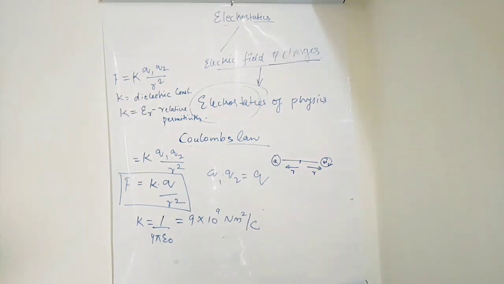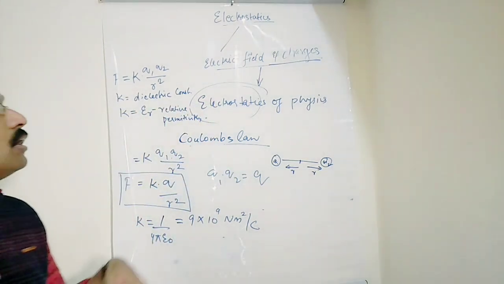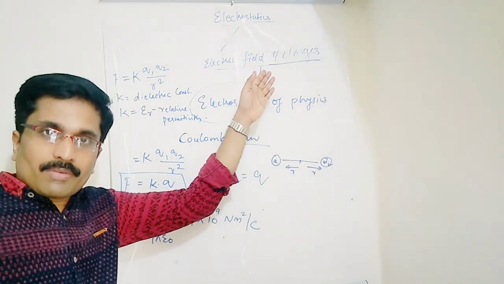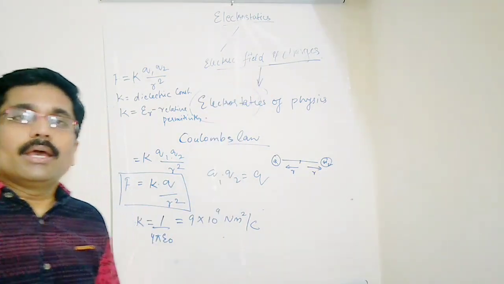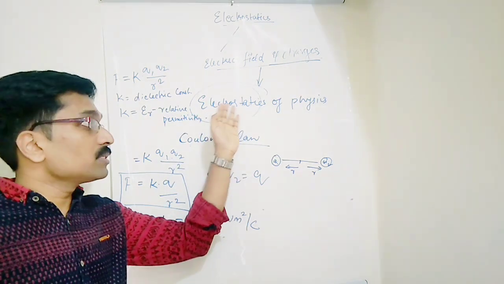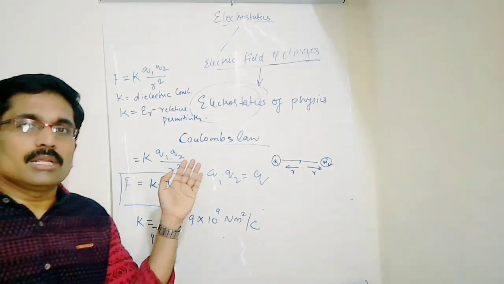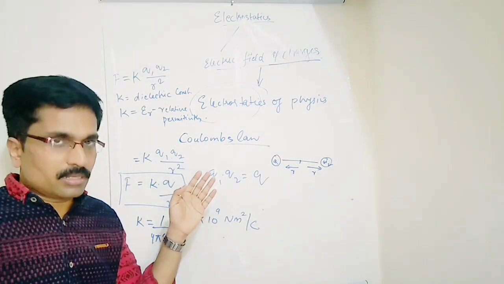Okay, and I hope that you have understood this topic. So once again we will revise it. Today the topic which we have dealt with was regarding electric field and charges, a small topic under that. In the last class I already said what we mean by electrostatics. It is a branch of physics which deals with charges at rest.